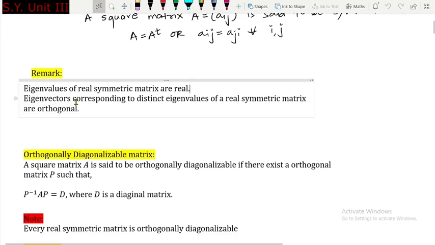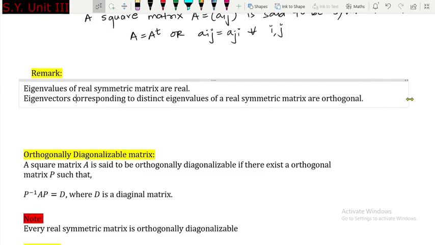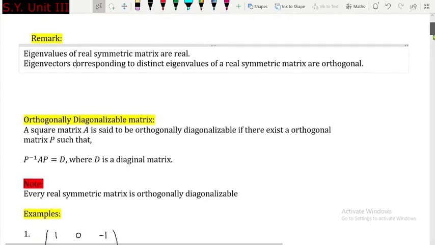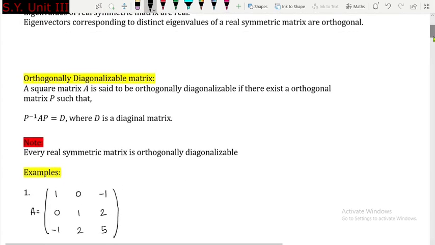The next thing is, eigenvectors corresponding to distinct eigenvalues of a real symmetric matrix are always orthogonal. Suppose you have some real symmetric matrix, and suppose its eigenvalues come out to be 1, 2 and 3, with eigenvectors x1, x2 and x3.